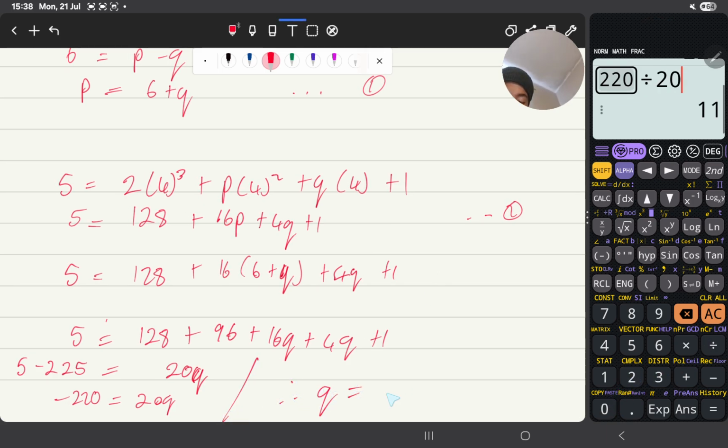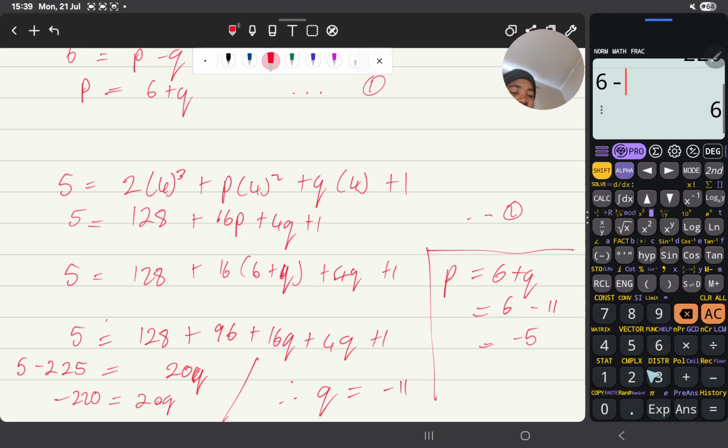Therefore q is going to be negative 11. If q is negative 11, p is 6 plus q, so here we have 6 minus 11, which is negative 5. Just like that we have our unknowns. But in short, that is the remainder theorem.